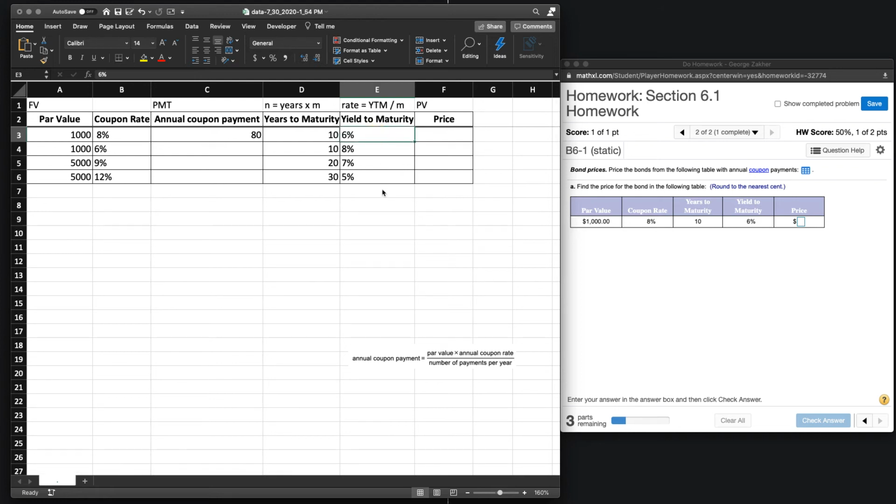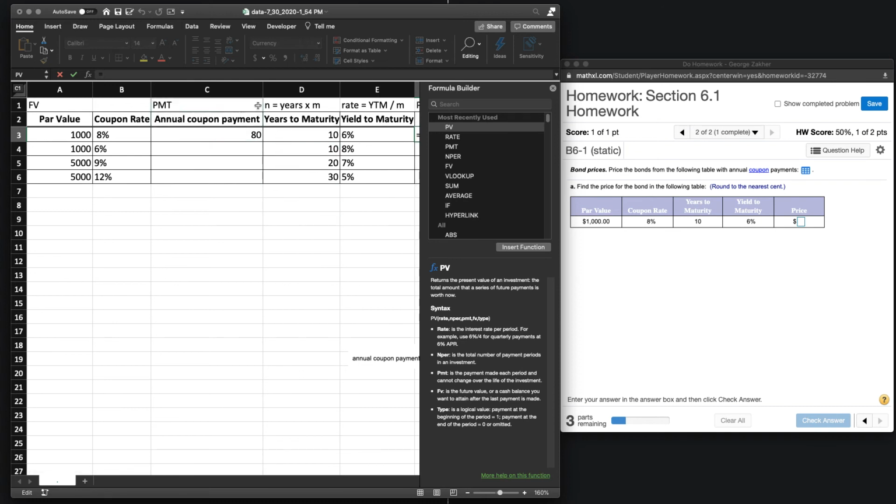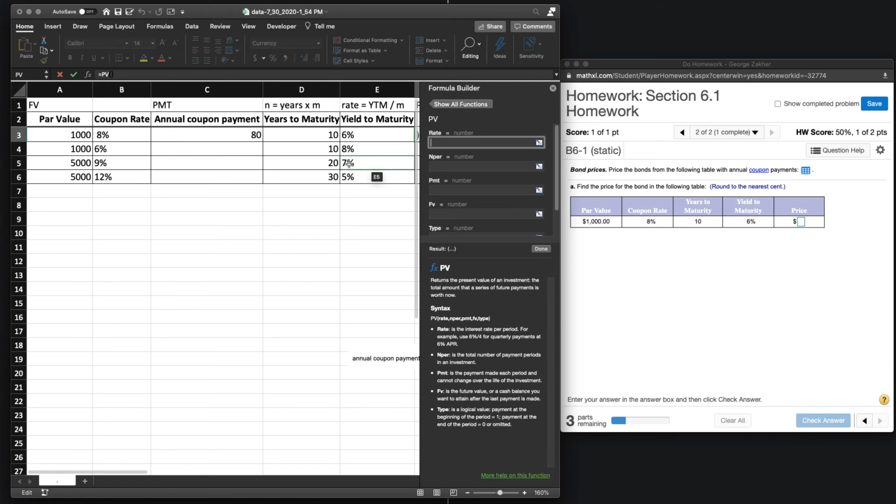So now we have our future value, we have our payment, we have N for our number of periods, and we have our rate. So we can go ahead and calculate our present value, or the price of the bond. So we're going to use our present value function. Our rate is 6%. Our number of periods, we're going to get paid out 10 times, and we're going to get paid $80.